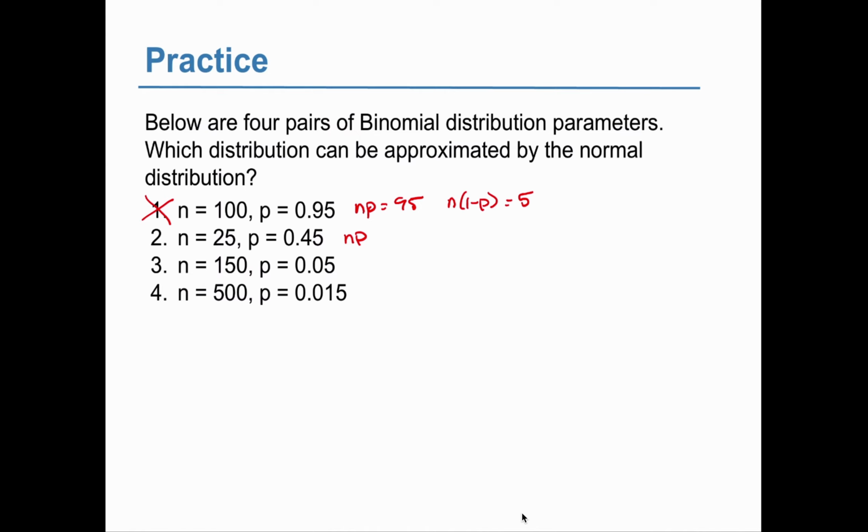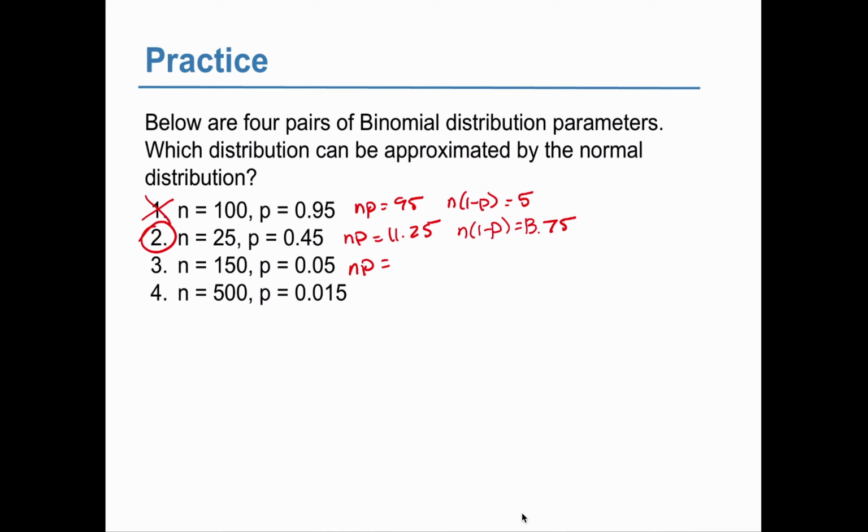Here, np is 11.25 and n times 1 minus p is 13.75. So this can be approximated by the normal distribution.